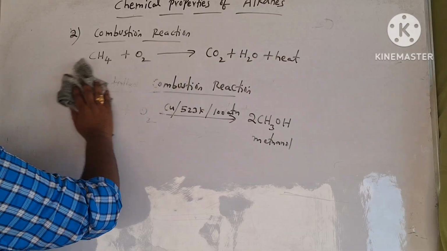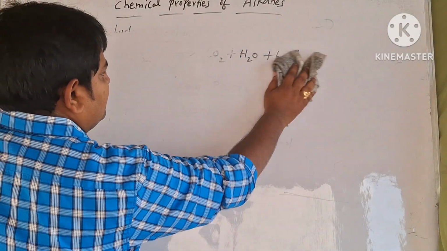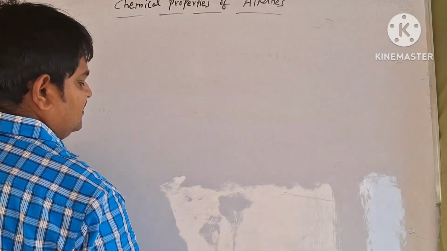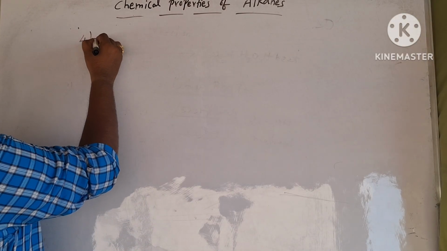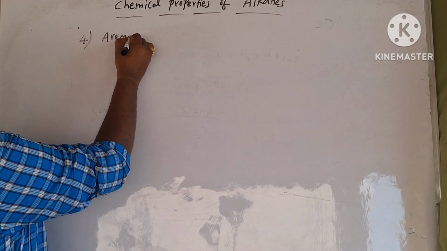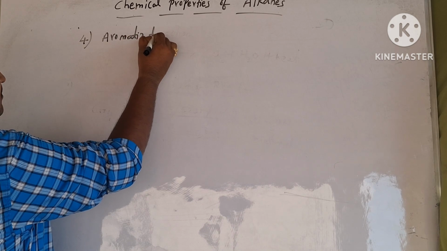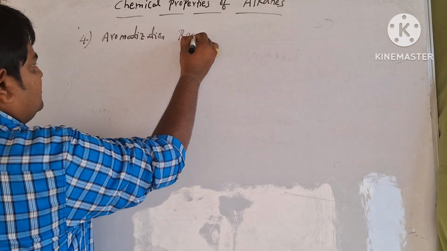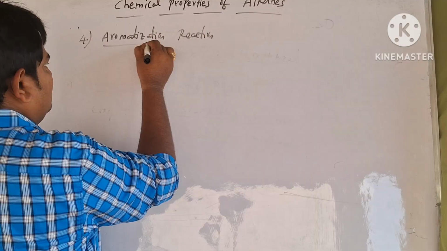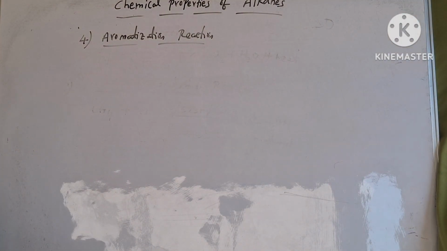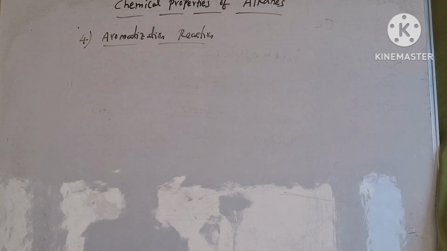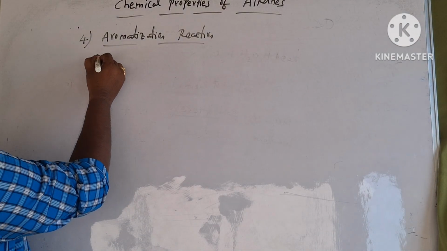The fourth type of reaction, the fourth chemical property of alkane, is named the aromatization reaction. In the aromatization reaction, here I will take one important compound. It is named hexane. Here I will take a hexane molecule.